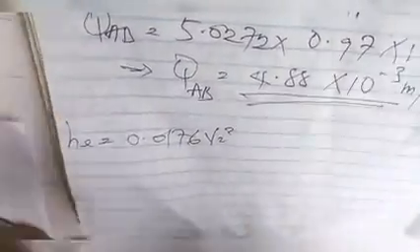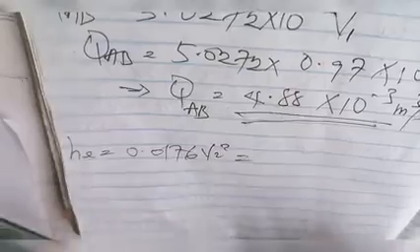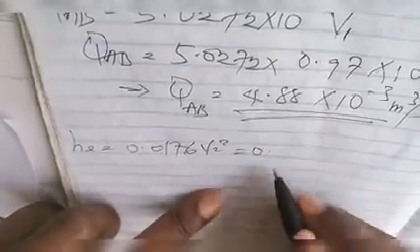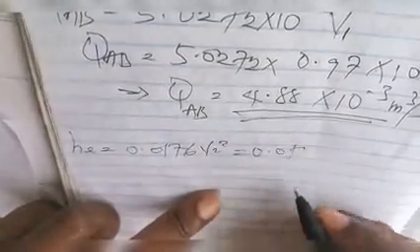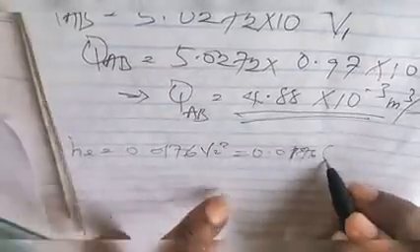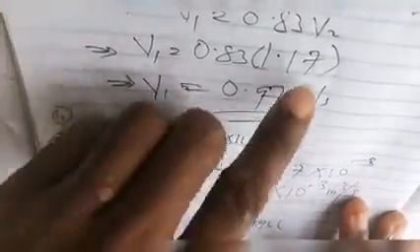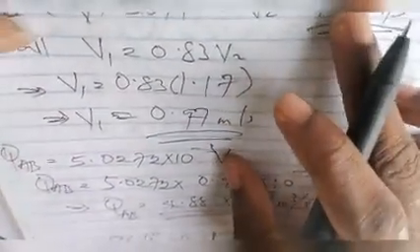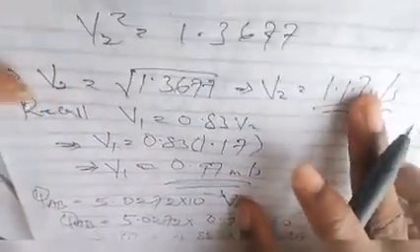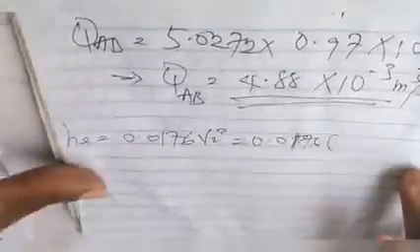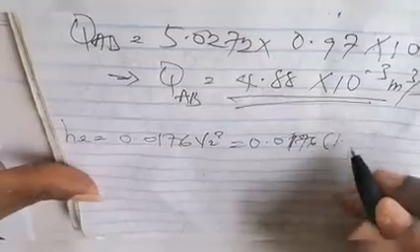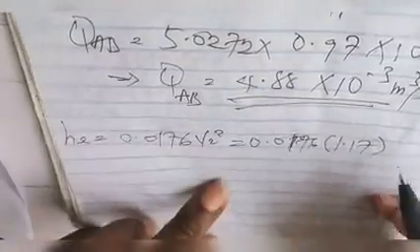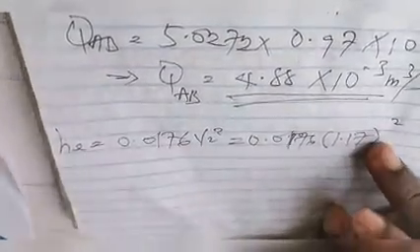So in place of V2 here, this becomes 0.0176 times, in place of V2, 1.17 meters per second. Remember, V2 squared, so 1.17 all squared.